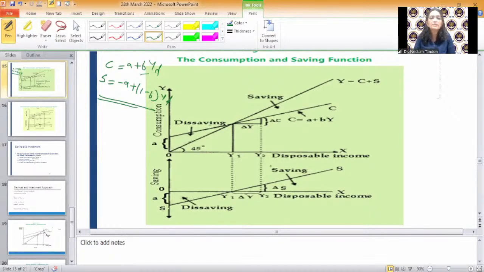Now, if you look at this particular graph here, I'll take different pens so that you understand. We see consumption on the y-axis and disposable income on the x-axis. This is the 45-degree line which you see over here.